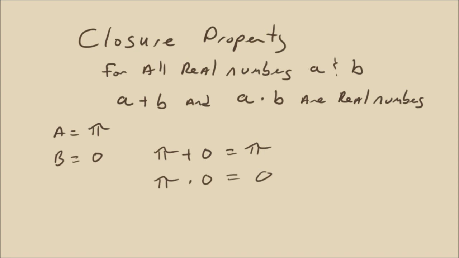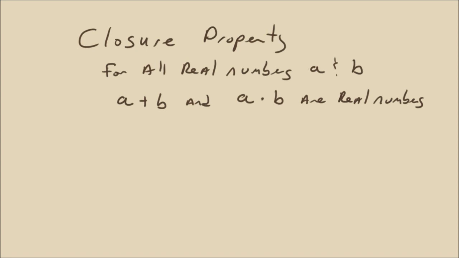So let's just try to do a different example. If we say a is equal to 1.2 and b is equal to 1, then a plus b, which is going to be 1.2 plus 1, is going to equal 2.2.